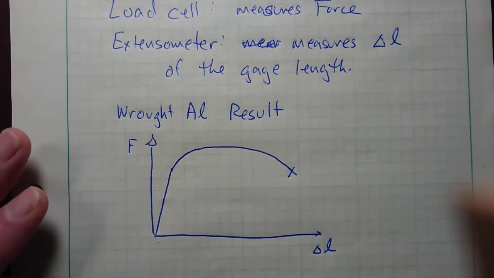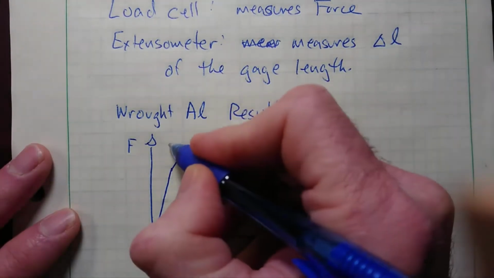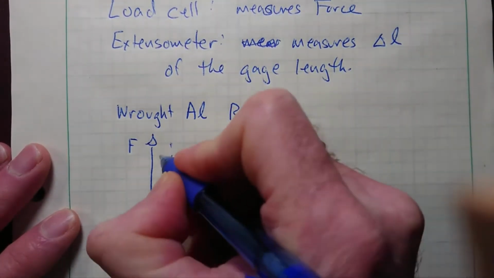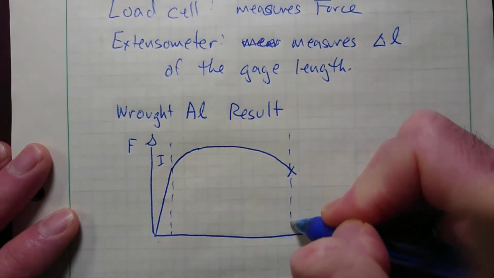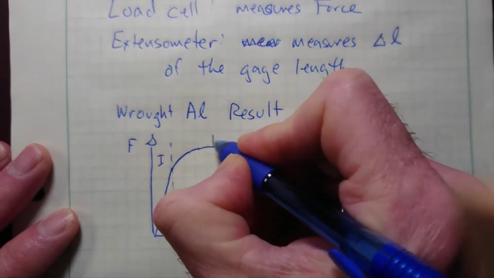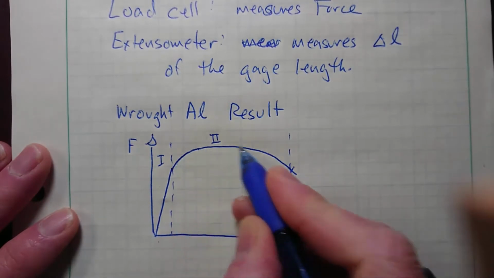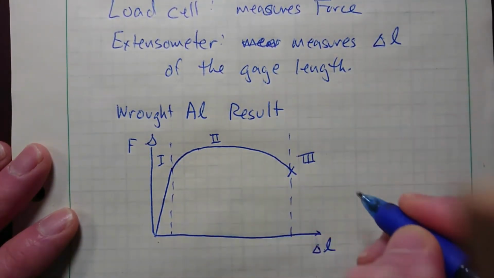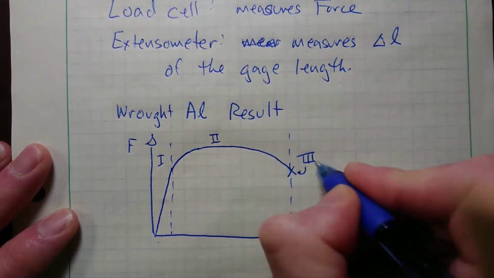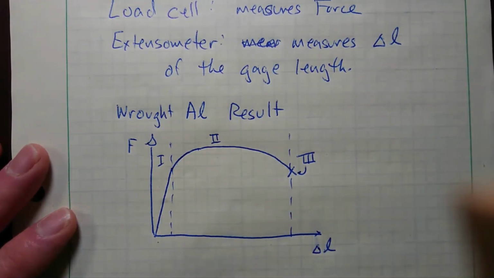So we can divide this up into basically three regions. Region 1 is the initial linear region. Region 2 is this curved region, and region 3 is actually a point that's fracture.